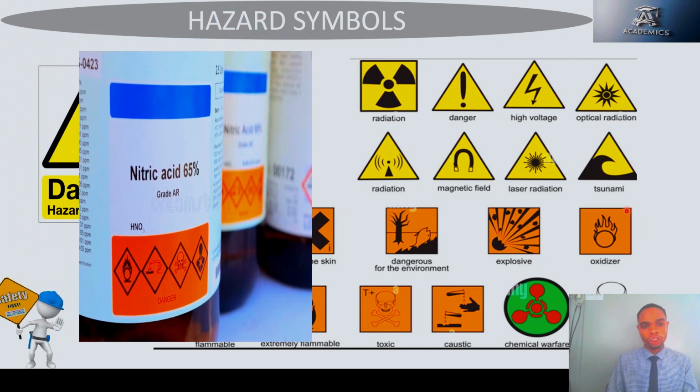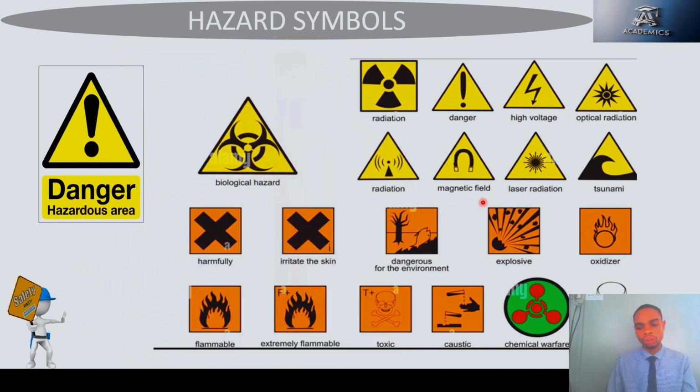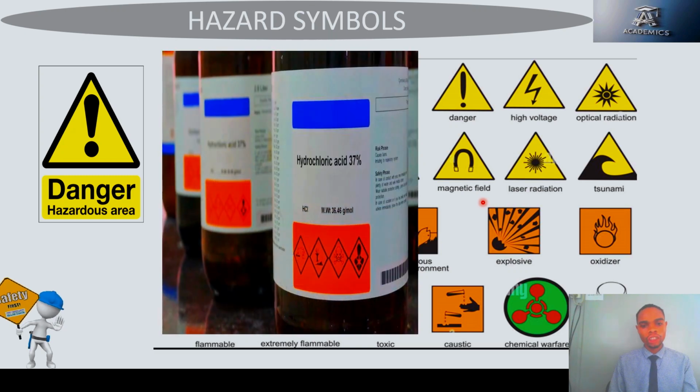Also, when you check nitric acid, you see that it has four hazard signs. You can see oxidizer, and that means it's an oxidizing agent in nature. It can cause combustion. It's corrosive. It can burn your skin. Caustic in nature. Poison. You can see the sign. Poisonous nature. Carcinogenic. And it can cause serious health issues. Also, when you check hydrochloric acid, you can find that it has about four.